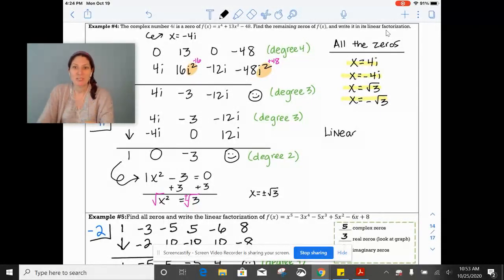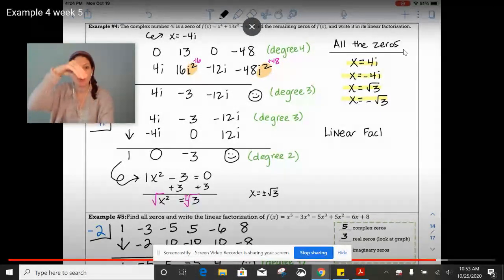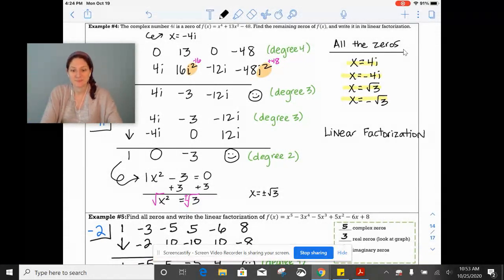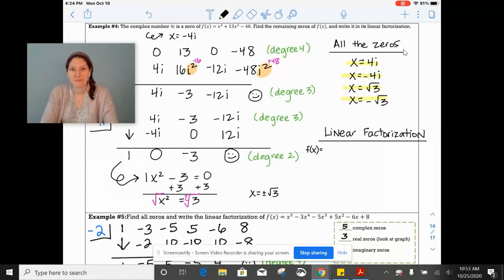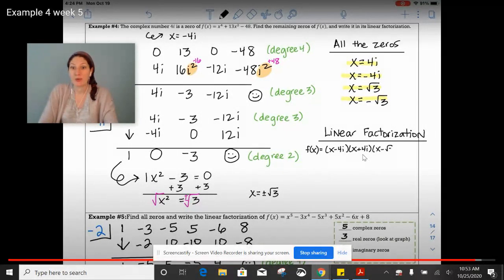And then I'm just going to take each 0 and put it in a parenthesis to write it as a factor. So x minus 4i, x minus negative 4i, you can see that's why I wrote it as x plus 4i. And again, x minus negative root 3 is why you see it written like that. And that's it.